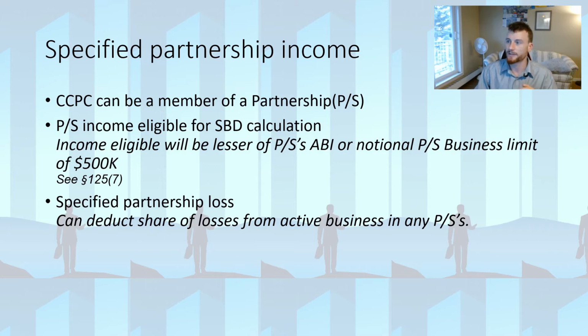We'll explain this in the following diagram. If this is a scenario, the income from the partnership will only be eligible for the small business deduction on the lesser of the partnership's active business income or notional partnership business limit of $500,000.